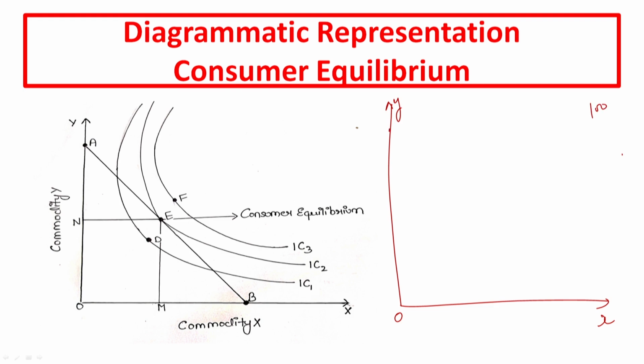So this is the price line, AB, that represents the various combinations of commodities X and Y, and consumer can buy at this point only because this is the income of the consumer.